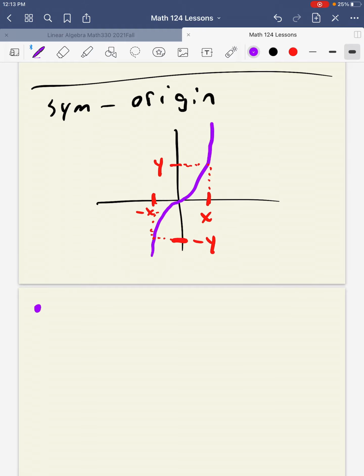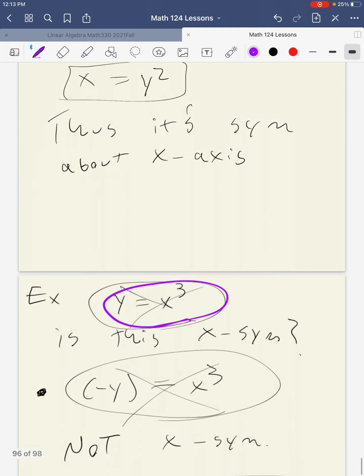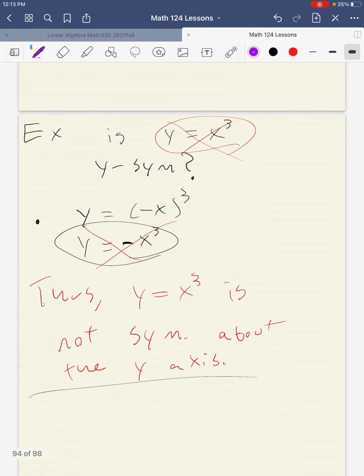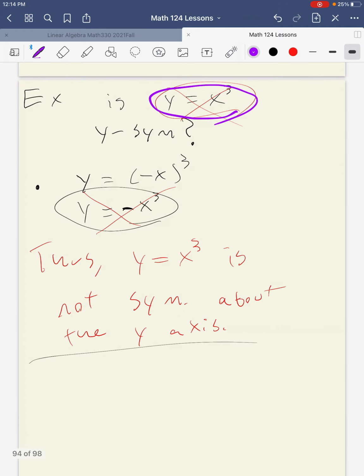Okay, so how can we put this into a test? Let me show you how you can test this by looking at an example we've already tried twice. Let's look at y equals x cubed one more time. Notice we've tested y equals x cubed and found it was not y symmetric.